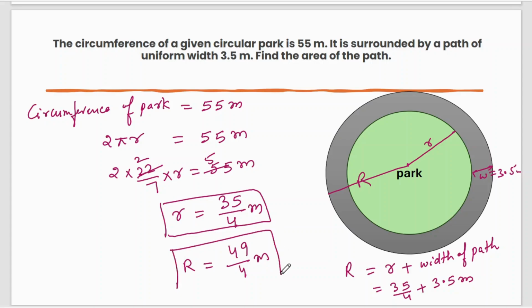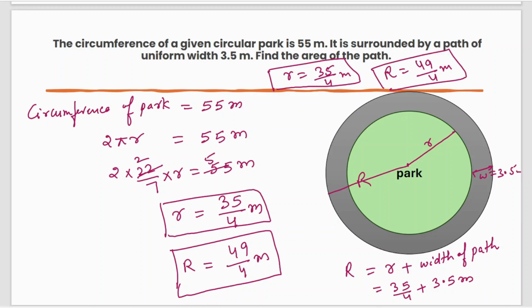So I got the value of small r, that is the radius of inner circle, and the value of capital R, that is radius of outer circle. Okay, so I'm writing the data here. Small r is 35 by 4 meter and capital R equal to 49 by 4 meter.